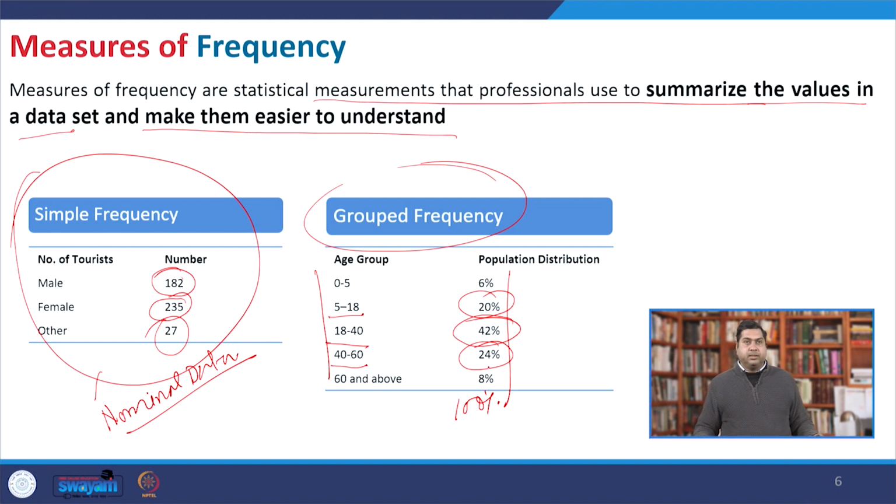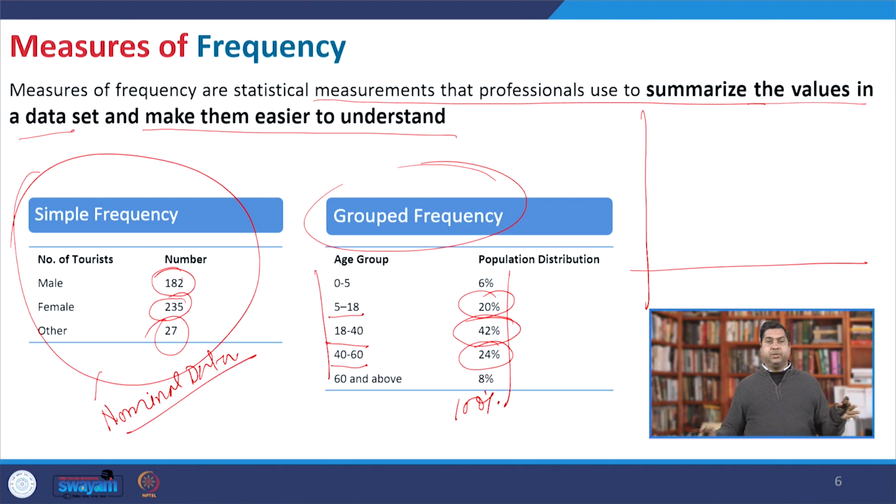I can give you another example of group frequency. Suppose you are doing a spot speed survey through a radar gun. You want to measure the instantaneous speed of any vehicle passing a particular point, and you observe 100 vehicles and their speeds. So, you may have all 100 values, which are discrete values.